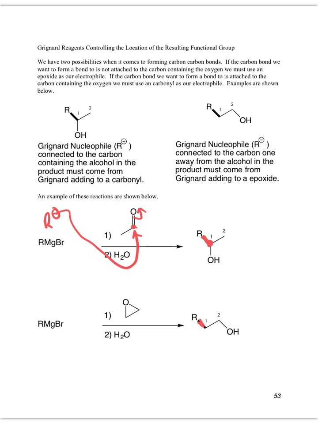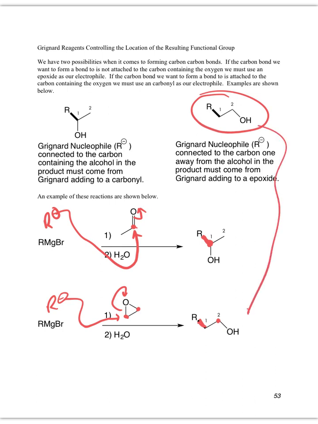If the bond we form is not connected to the carbon that has the oxygen on it in the end, the only thing we can add that to is an epoxide, because in the mechanism the Grignard comes in, attacks the three-membered ring, and opens it up, so the oxygen ends up on carbon 2 of that epoxide. So if they're not connected, the only way to make that is by adding a Grignard to an epoxide.